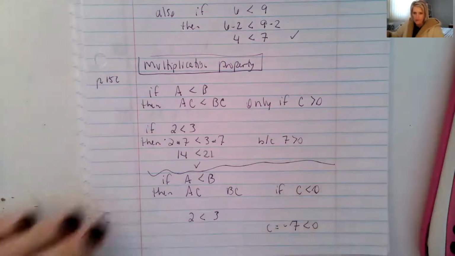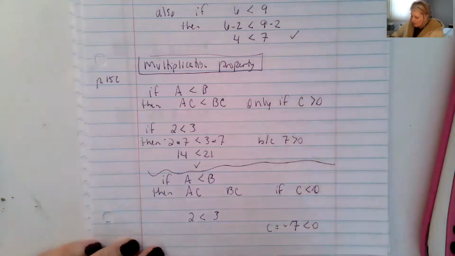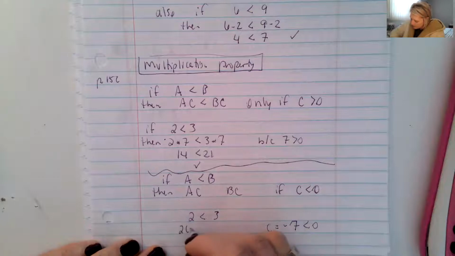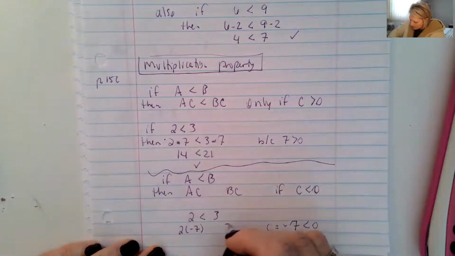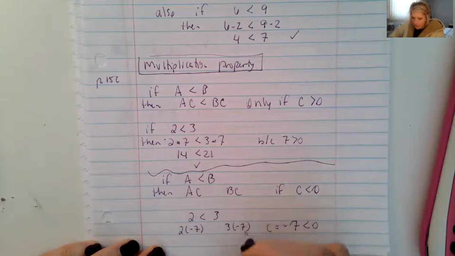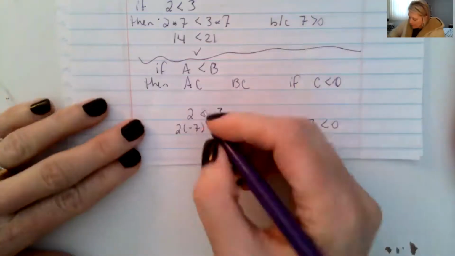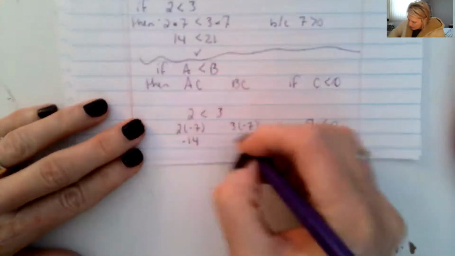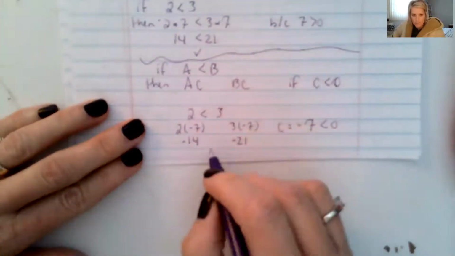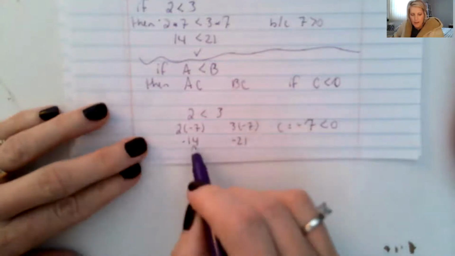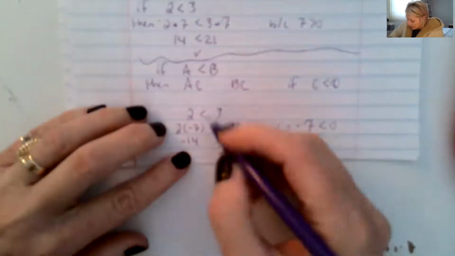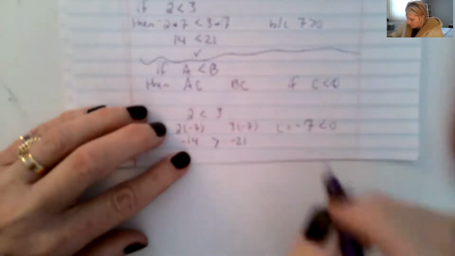It's less than 0. So if we say 2 times -7 and 3 times -7, we get -14 and -21. And so now it means that -14 is actually greater than -21.